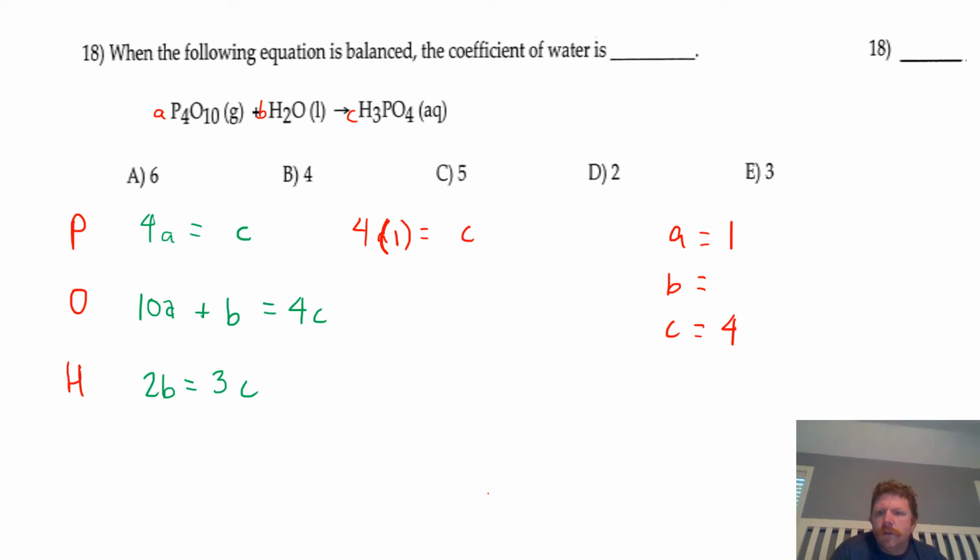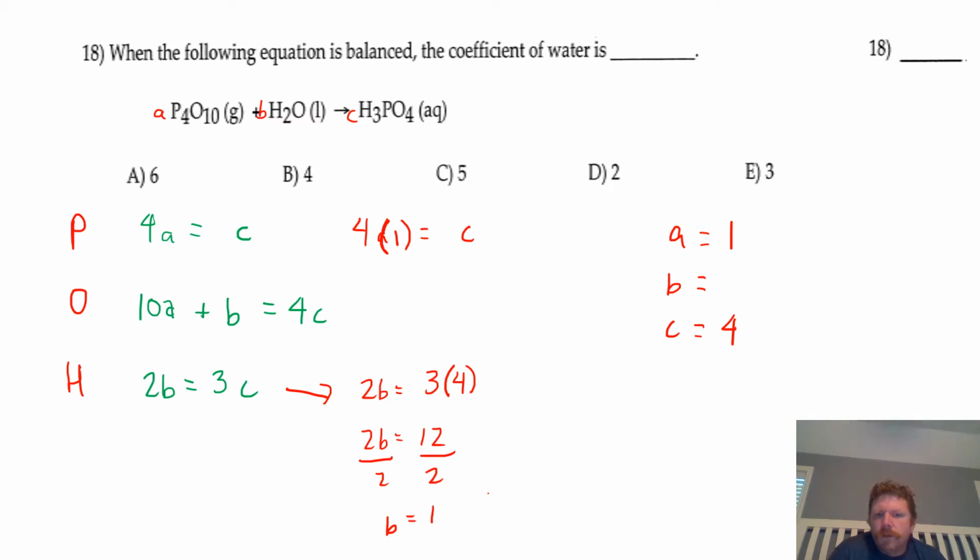Okay, so once we've got this, now we're only left with B. And we could go all the way down to hydrogen. Look at that equation. So 2B is equal to 3 times C, or 3 times 4. So that means 2B is equal to 12. Divide each side by 2.